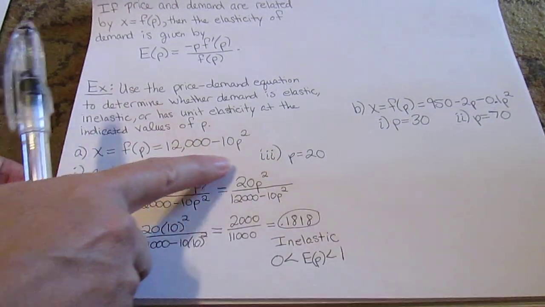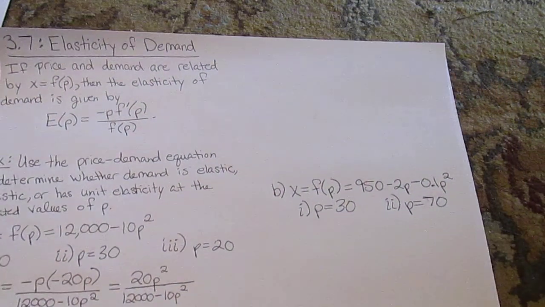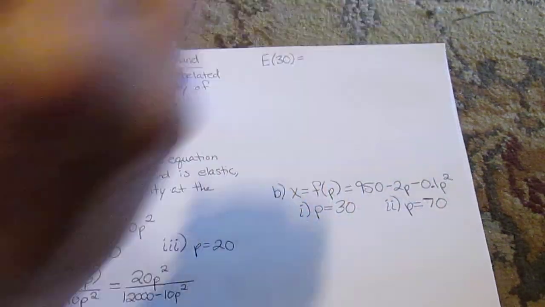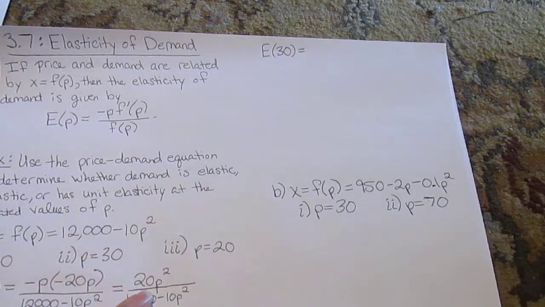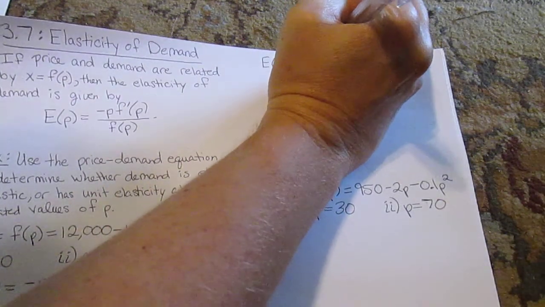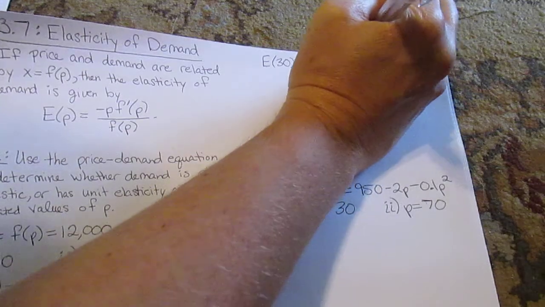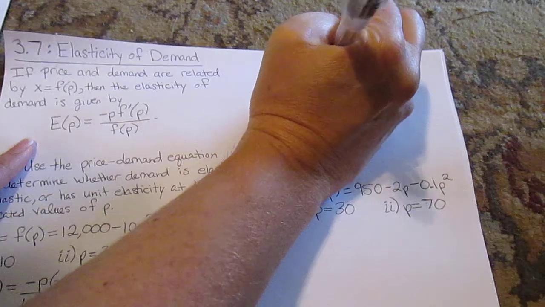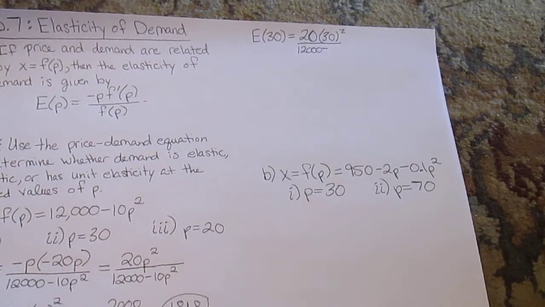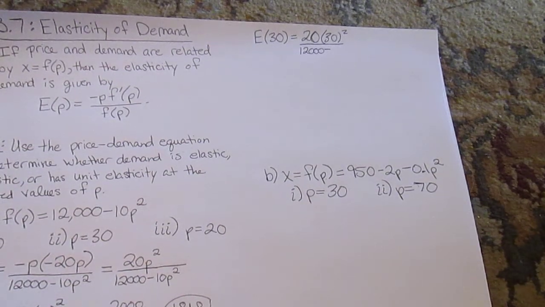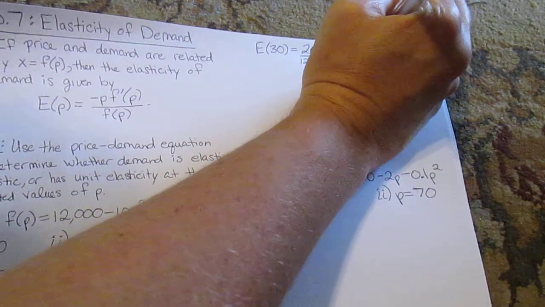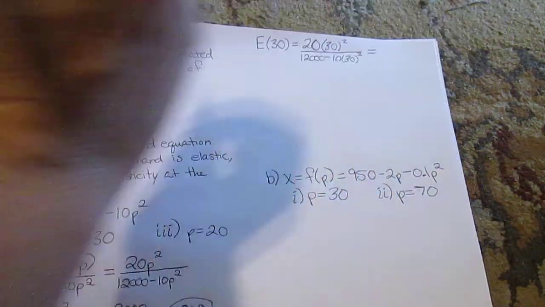Okay, let's do the other two. So we'll plug in 30. Which will give me 20 times 30 squared all over 12,000 minus 10 times 30 squared.